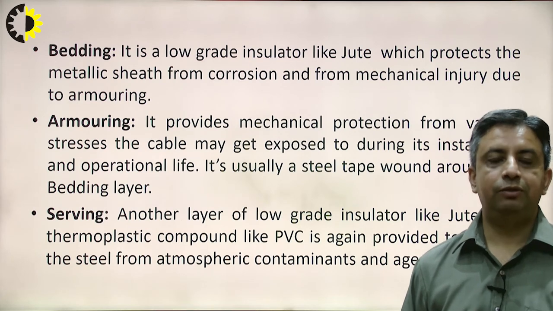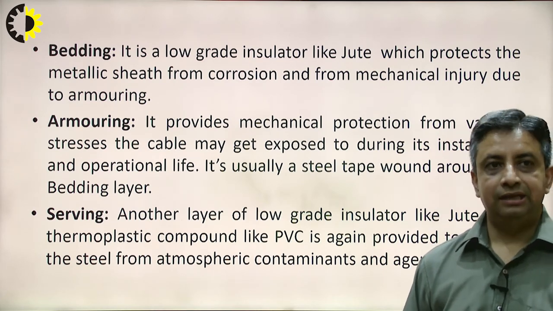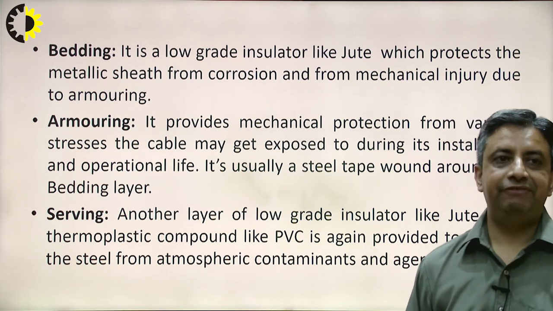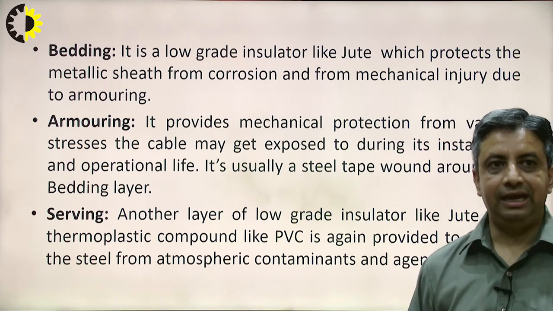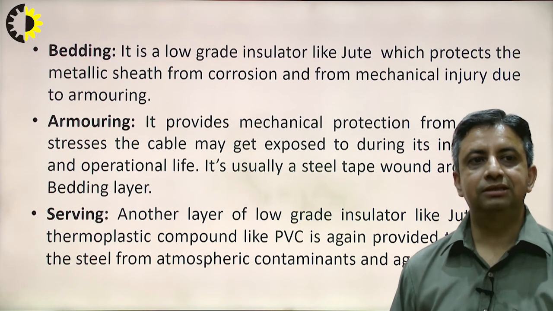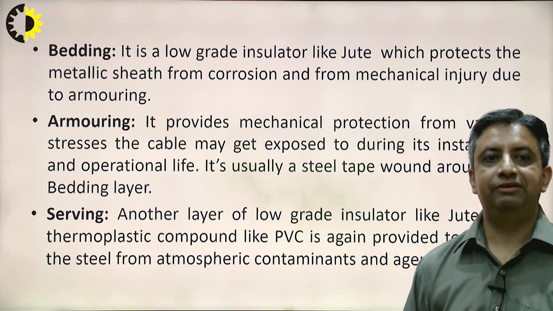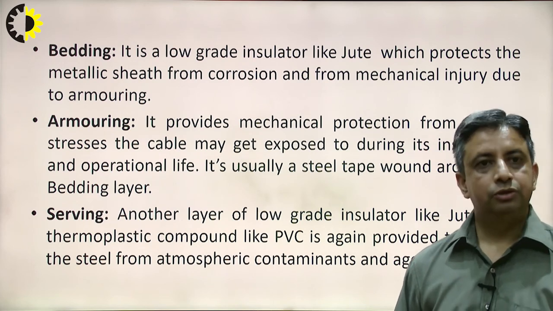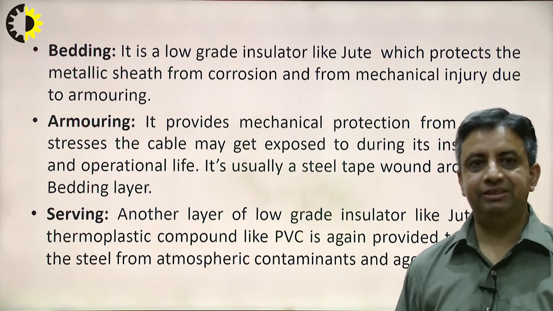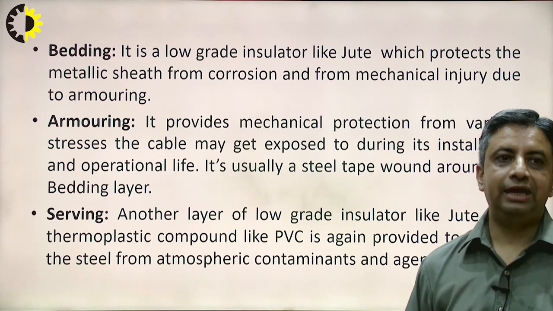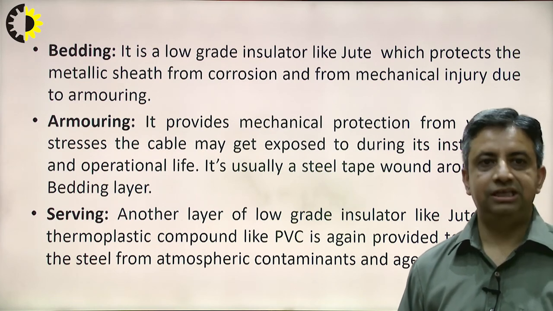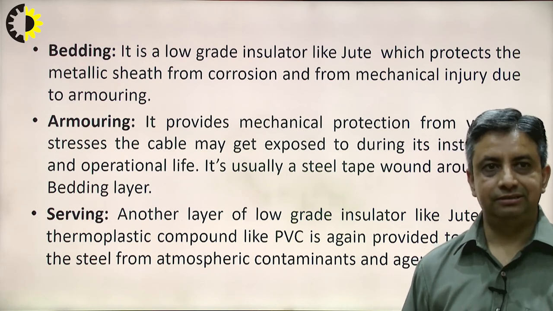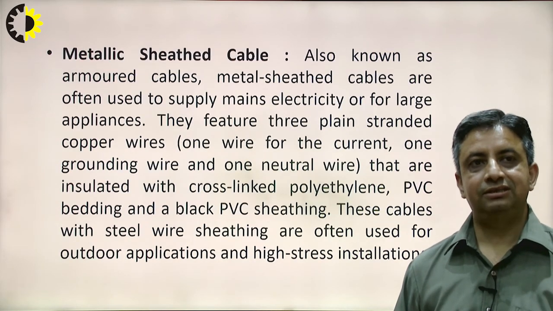This metallic sheet, that is called armoring, has to be saved from the external attack of moisture and chemicals. So we generally provide this serving. This serving is generally made up of jute, or you can use a PVC material over this, to protect the steel from atmospheric contaminants and agents. So this is the underground cable.